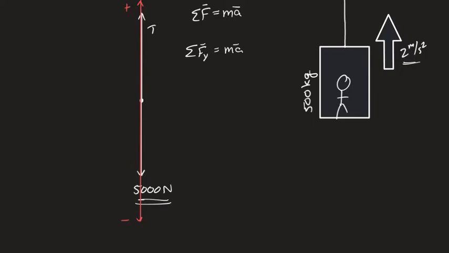It's only one dimension. Add up all the forces, take into account their direction, and set them equal to ma. That's what this set of instructions says. So add up all the forces, taking into consideration their direction. So tension minus 5,000 equals 500 times 2.